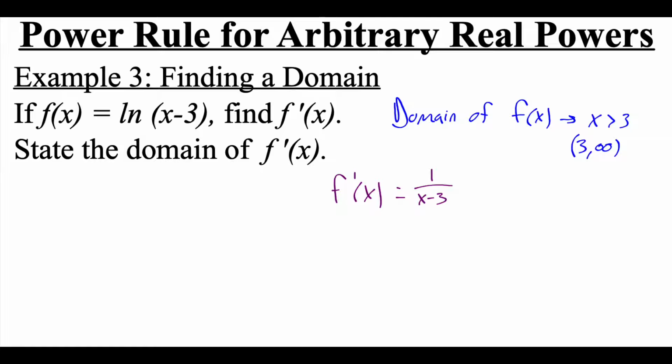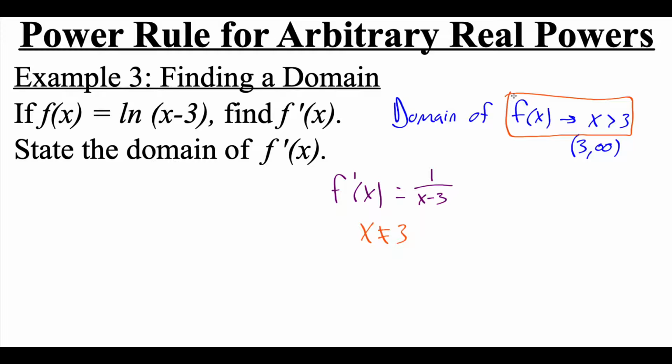Now, based on what we're seeing with this, because it's a fraction, it appears as if the domain would be any x value that's not 3, because we're used to looking for 0 on the bottom of the fractions, and in this case, 3 would give us 0 on the bottom of the fraction. But earlier, we said that our f of x function was not defined for any x values that are smaller than 3.